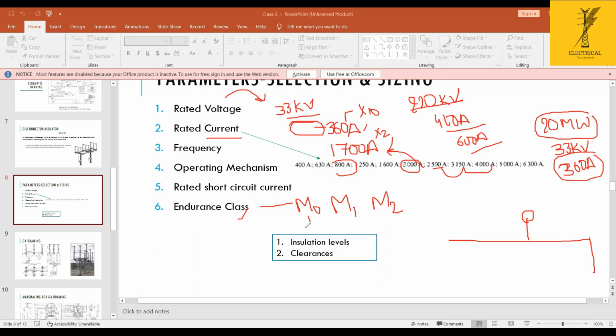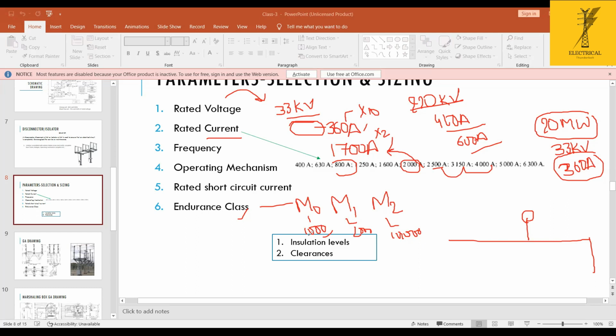With M0, you can open and close the isolator 1000 times, M1 is for 2000 times, and M2 is for 10,000 times. It gives a guarantee on the isolator; if you choose M0, it would cost less than the others, so you use it only for general purpose. That is the mechanical endurance.